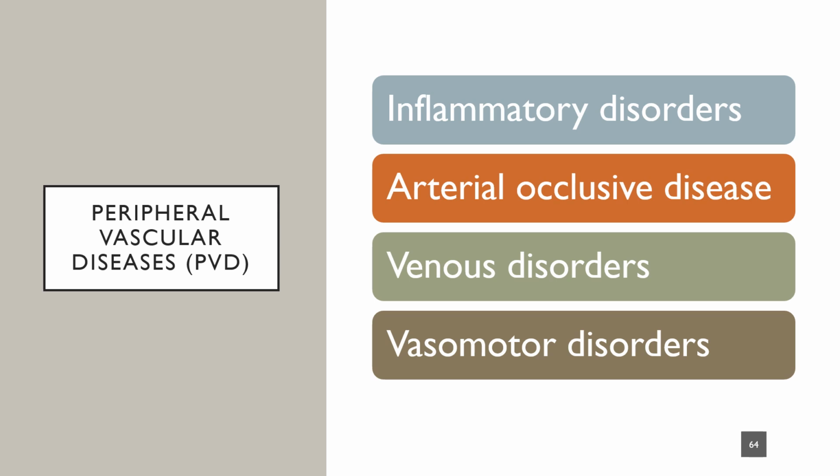Surgical interventions include angioplasty and stenting to open narrowed arteries, bypass graft for severe arterial blockage, endovenous laser therapy or sclerotherapy for venous insufficiency, and thrombectomy or embolectomy for acute arterial occlusions. Wound care is essential for ulcer management and infection prevention.